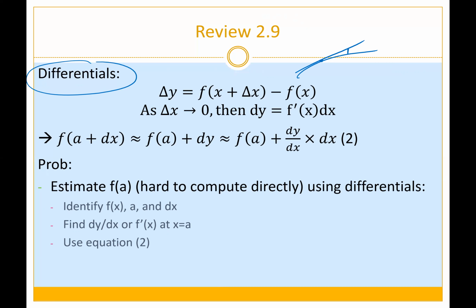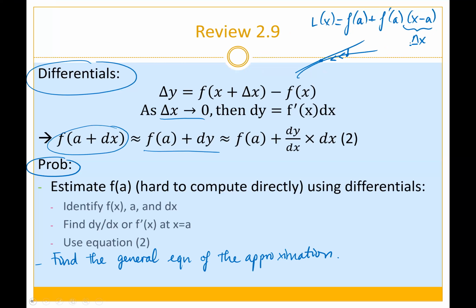But there's another type of problem you can be asked: find the general equation of the approximation. In that case, your answer will not be a number, it will be a function with respect to x. And you can just base it on this and do the questions.